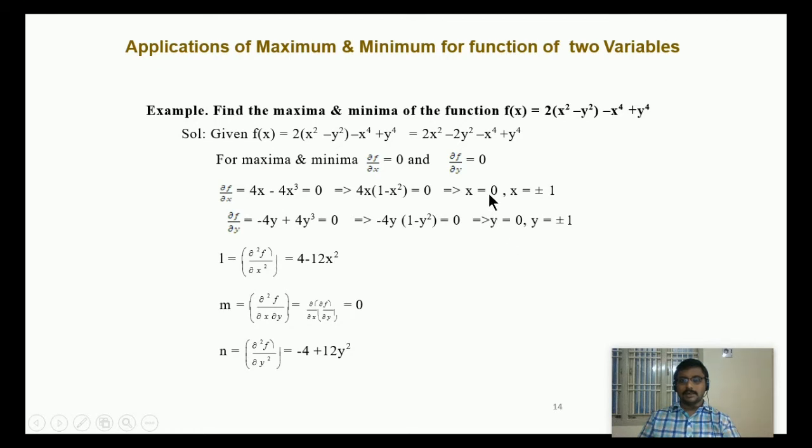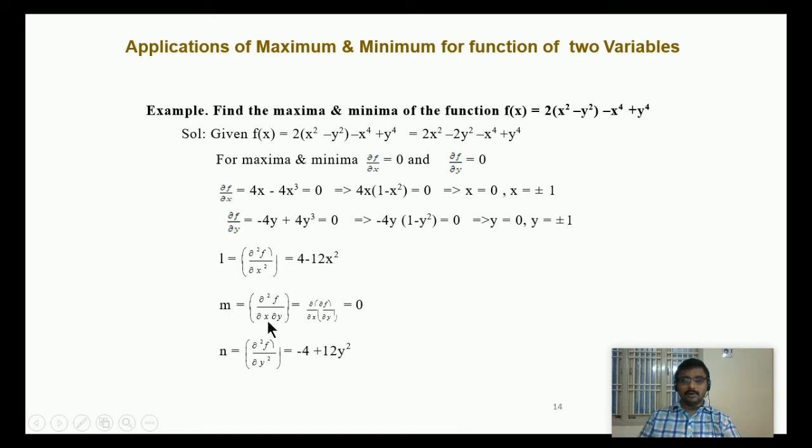The stationary points are (0, 0), (plus or minus 1, 0), (0, plus or minus 1), (plus or minus 1, plus or minus 1). At these points, we have to find out L, M, N. L is del square f by del x square, which is obtained by again differentiating del f by del x. 4x derivative 4, minus 4x cube derivative negative 12x square.